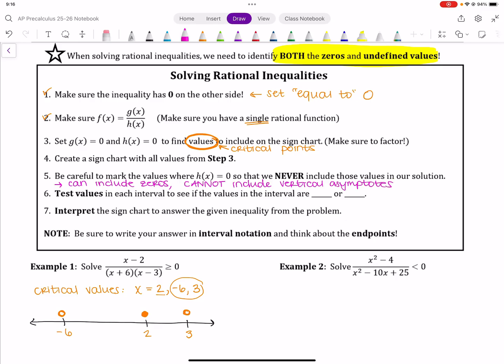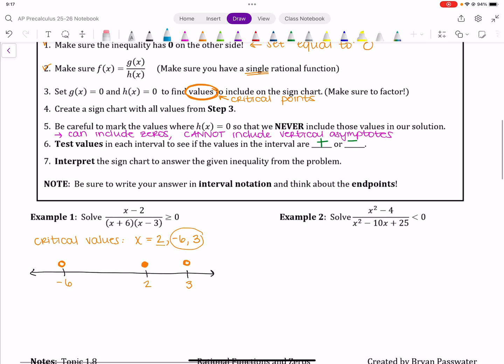And then similar to when we did polynomial inequalities, we want to pick any value within each interval to test to see if those values within our interval are positive or negative. So if we start on the left side of our sign chart, to the left of -6, one example would be like -10.